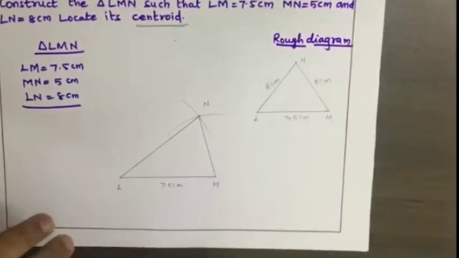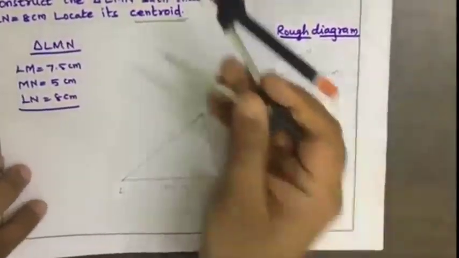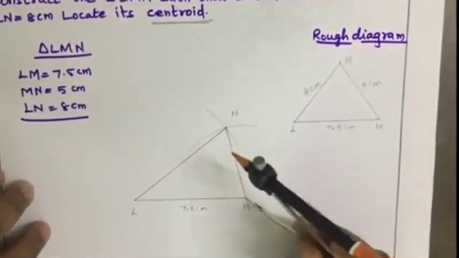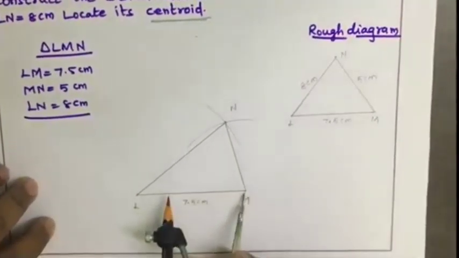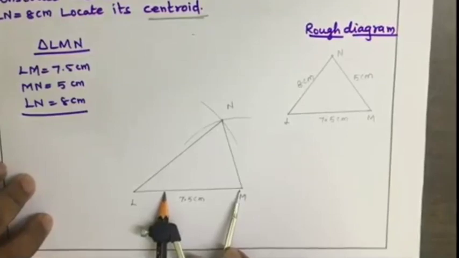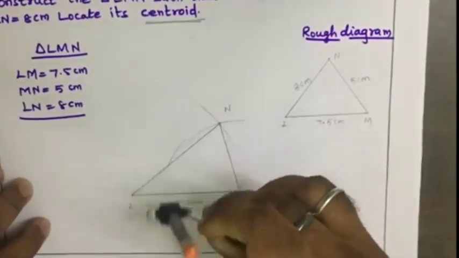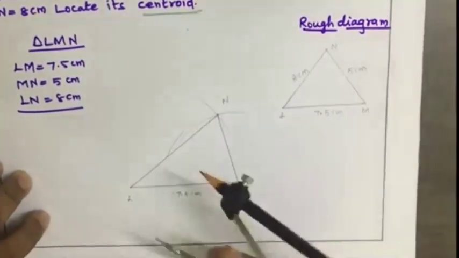Now locate its centroid. Therefore we take any two sides and draw two perpendicular bisector arcs. First side LM: take more than half of LM, with M as the center point. We draw two arcs, above and below the line LM.